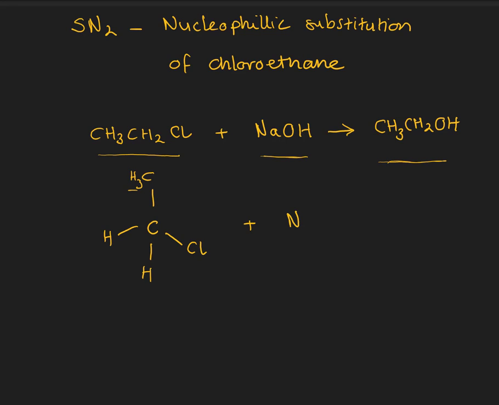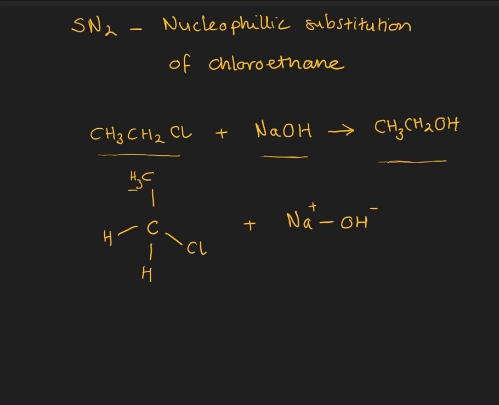The next thing I have is NaOH. This is an ionic structure, so we know it's Na plus OH minus. We're going to talk about that in a moment. First thing I do is look at the differences in electronegativity. Over on the structure here on my haloalkane, I know that for my carbon to carbon bonds there's no difference in electronegativity, so nothing is going to be happening there.